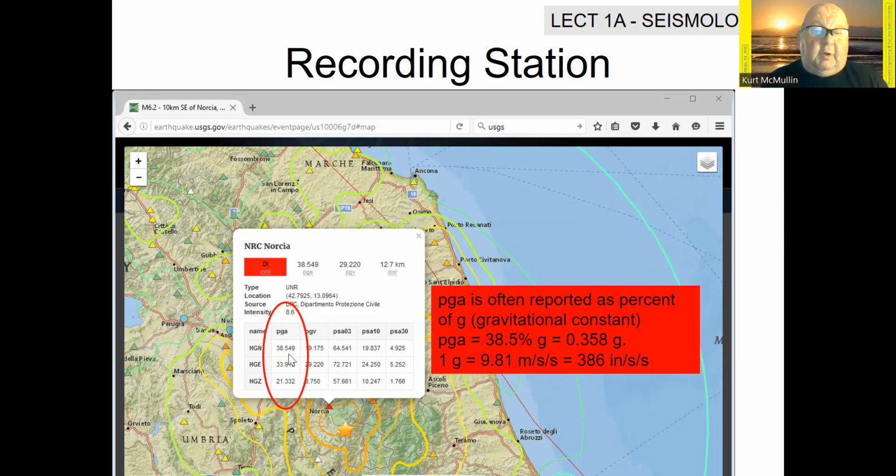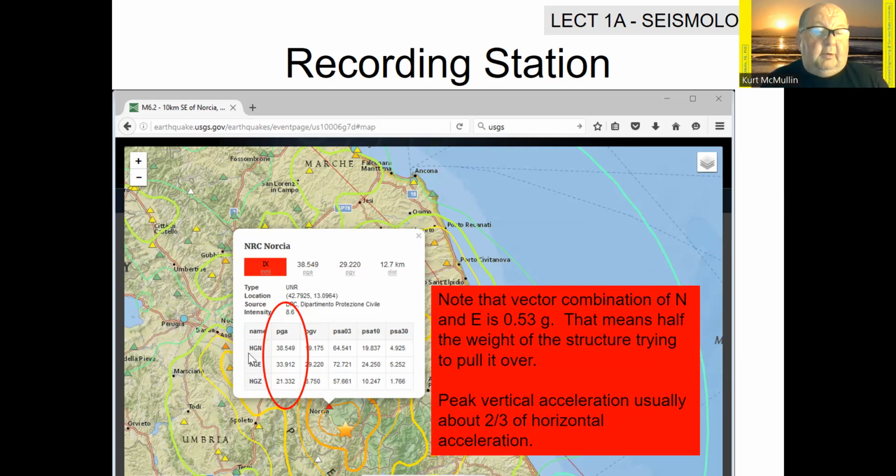So in other words, for this one, we've got a reading of 38.5% of G, or 0.385 G, as the largest measurement of the Earth's acceleration in this north-south direction. 1 G is 9.81 meters per second squared, or 386 inches per second squared. But what this is saying is that this structure had an acceleration of about 1/3 of its weight in the horizontal direction.